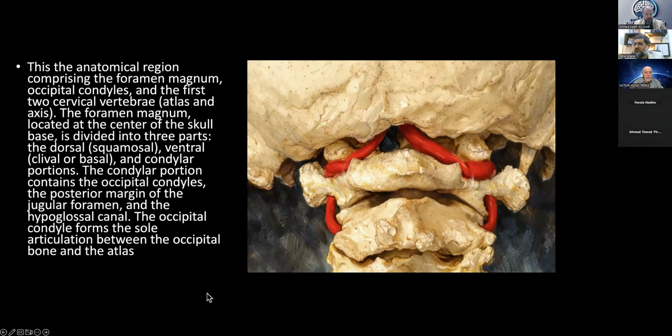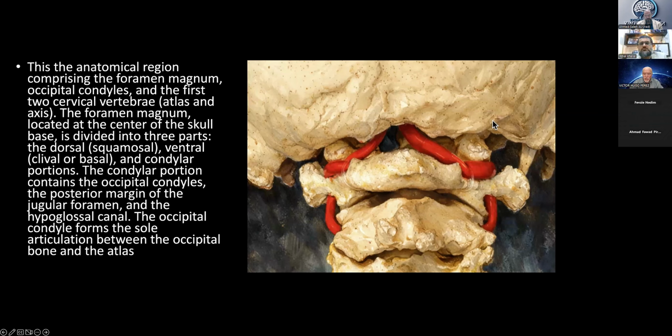This is the anatomical region encompassing the foramen magnum, occipital condyles here, and the first two cervical vertebrae, atlas and axis. The foramen magnum, located at the center of the skull base, is divided into three parts: the dorsal, squamosal, ventral, clival or basal, and condylar portions.